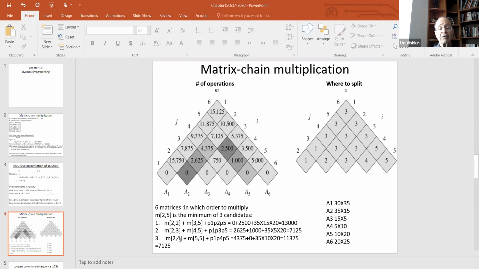This M24 is written right here, and then we have this multiplication, which will give me a bigger number. So what I hope I demonstrated is that this number 7125 became possible as a result of assuming that all of this is correct, and we choose it because it's the smallest number.